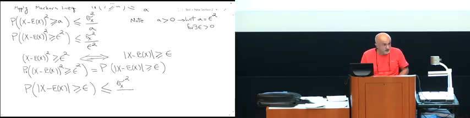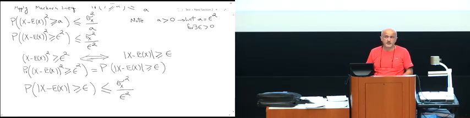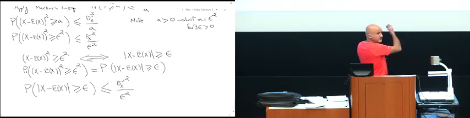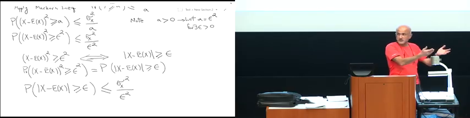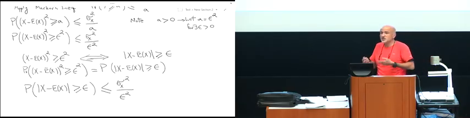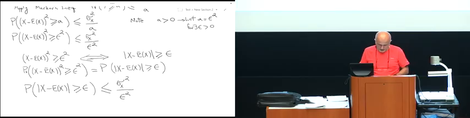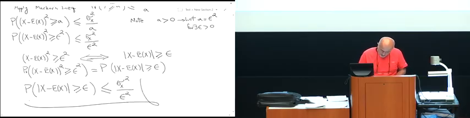So what should I put here? Epsilon or epsilon squared? Epsilon squared. It's the probability on the left-hand side that I found an equivalent for. The right-hand side stays where it is. I'm not changing variables anymore. Okay, so this is a cleaner form of Chebyshev's inequality.